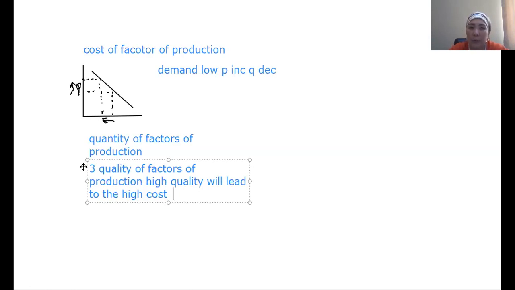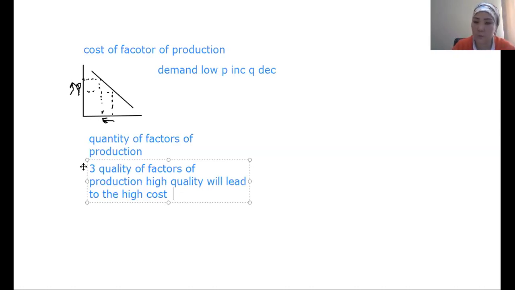That's why doctors and pilots and these qualified labor forces are always paid high wages.